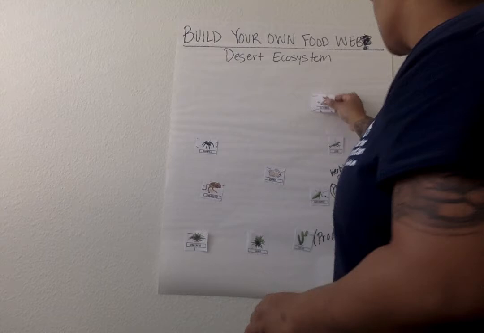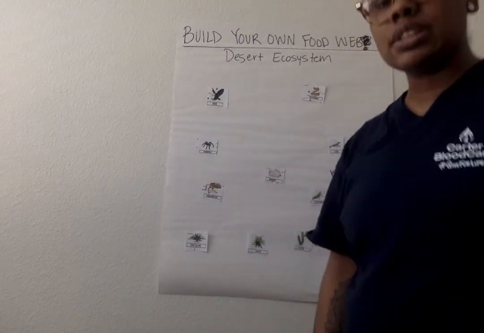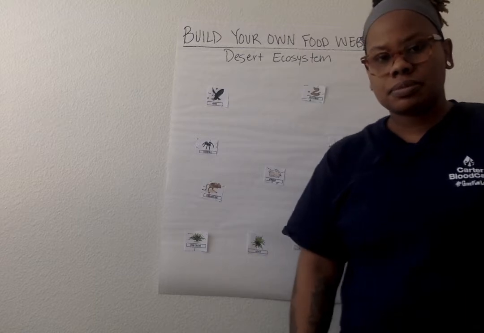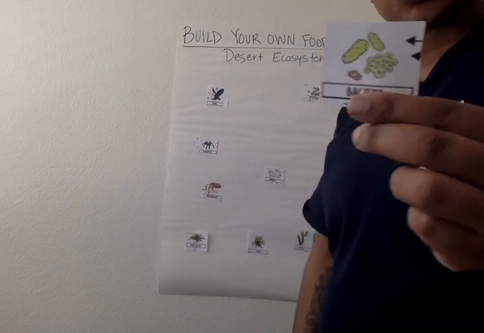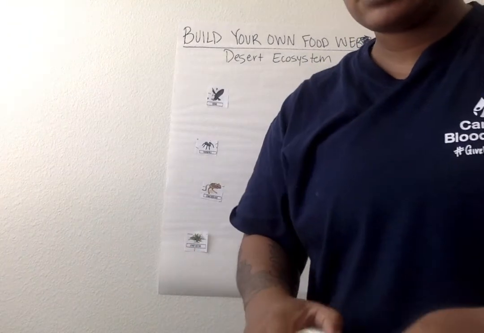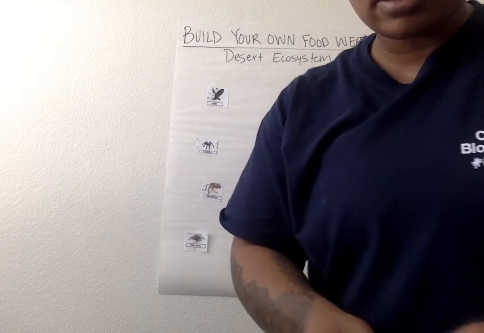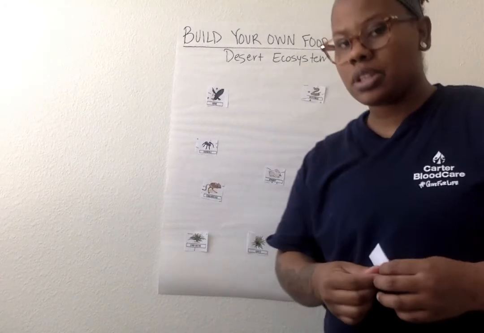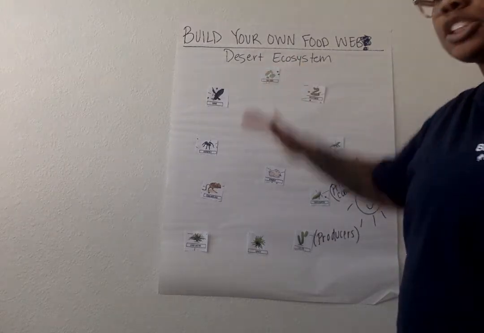Right, so my hawk goes up here and my rattlesnake goes up here. What am I missing? A decomposer, right? I have bacteria. Bacteria is also a decomposer. So I'm going to put my bacteria at the top. It does not normally go at the top, but I'm making my arrows go up. So here is my bacteria.